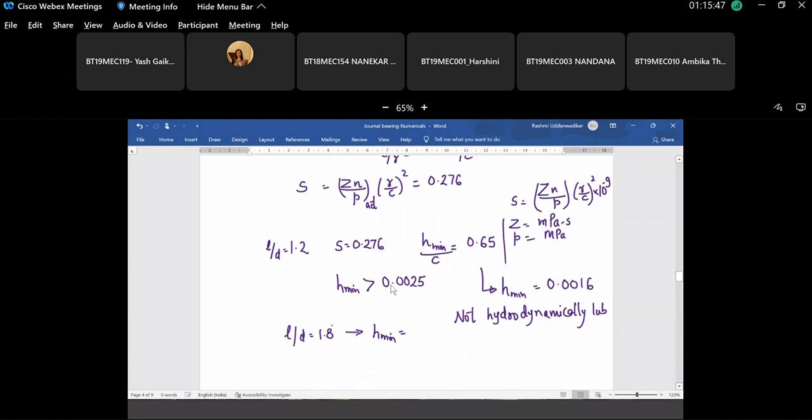You can use H minimum 0.0025, find out what is H minimum by C, and accordingly you can go with L by D. You can do that for 1.5 or for 1.6. Check H minimum, which should be greater than the minimum value. Check pressure, it should lie in that same range.